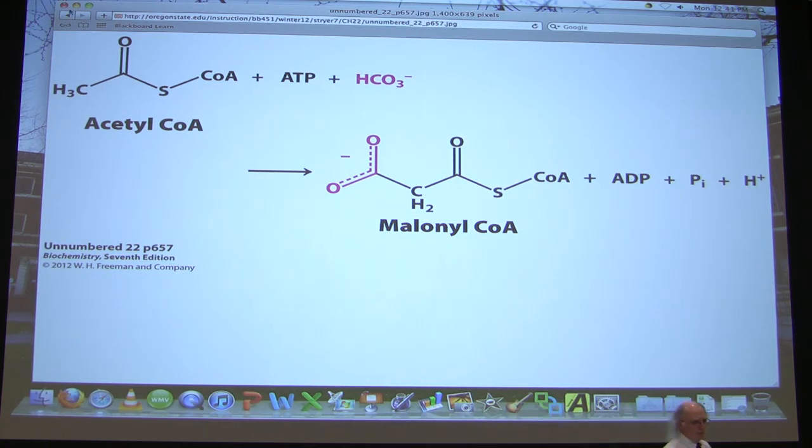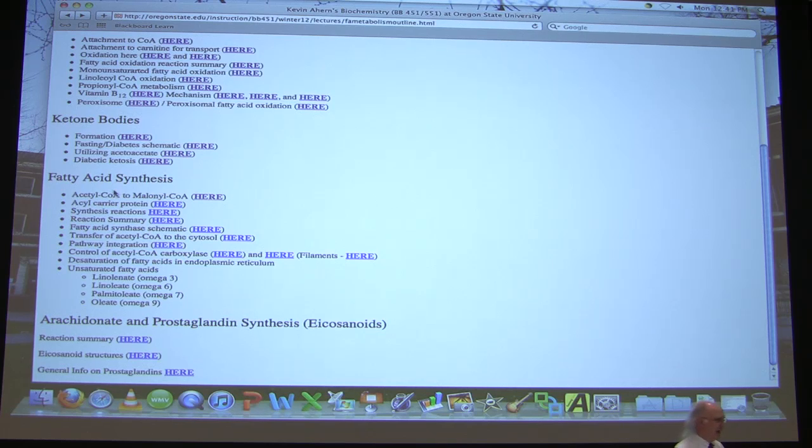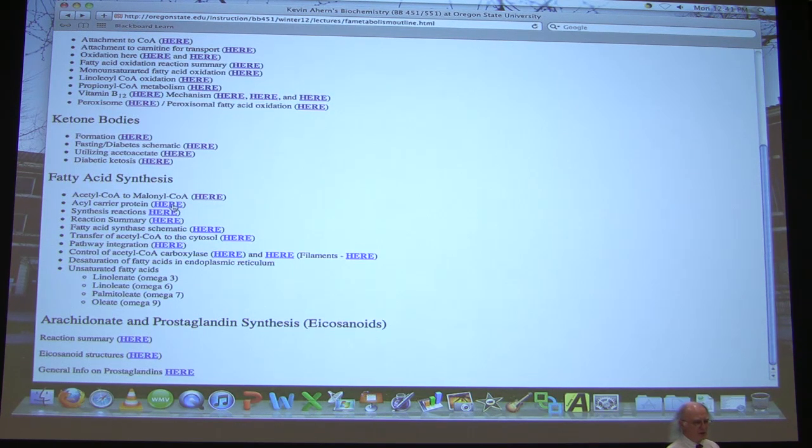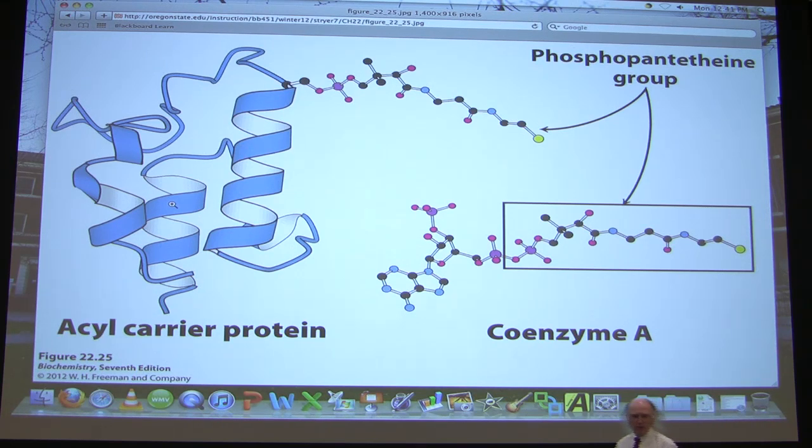All right. Well, in that process of making fatty acid, there's another difference from the oxidation, and that is the carrier. We saw the very first process occurs on a CoA, but that's the only place where we see CoAs involved. Everything else involves something called an acyl carrier protein. So in place of CoA during synthesis, we have something called acyl carrier protein. And though it may sound very different, if we look at what's attached to the acyl group, they're identical.